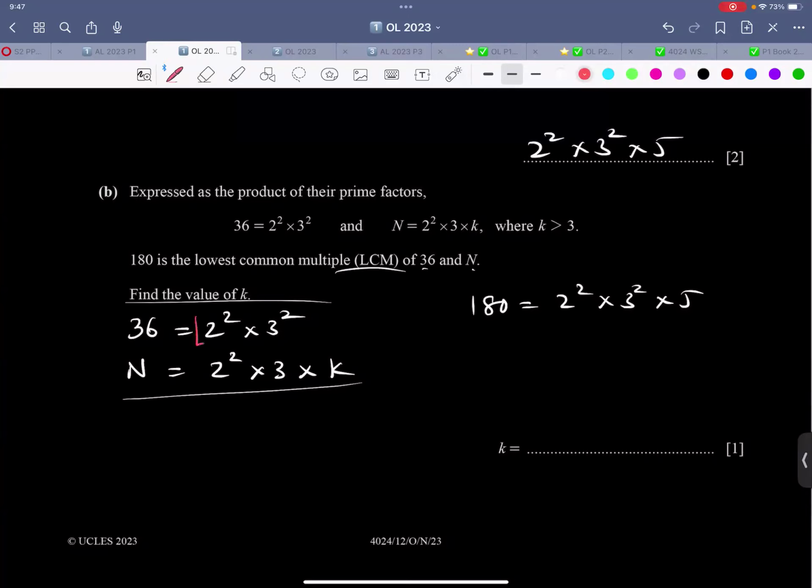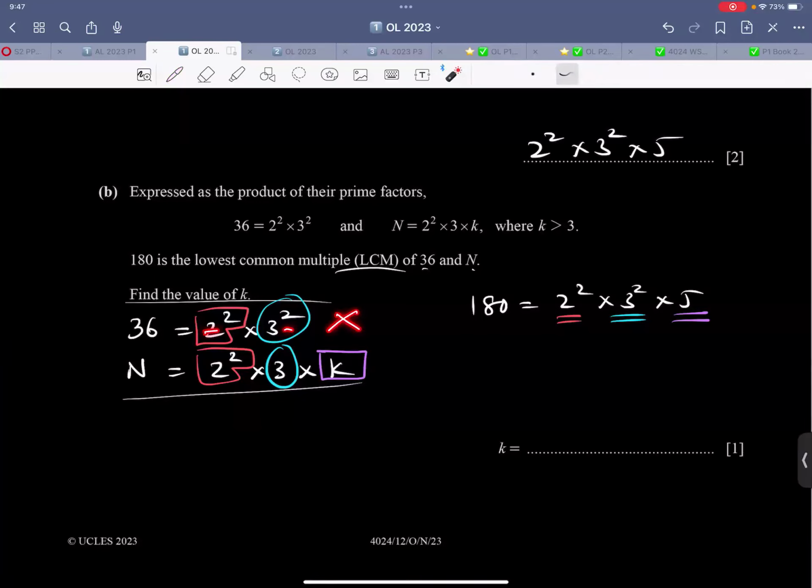So we have 2 square, and this is 2 square over here. Then we have 3 square and 3. We pick the bigger one, that is 3 square. Now, there is only k over here, and the LCM has a 5. Since we definitely know there is no 5 in 36, if we are getting a 5 in the LCM, that means k should be 5. That is the working over here.